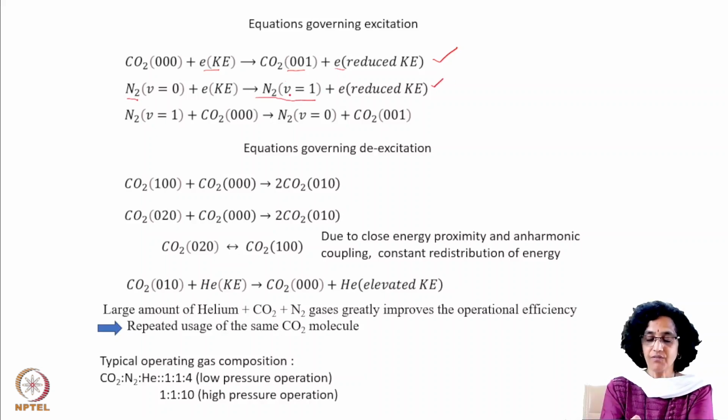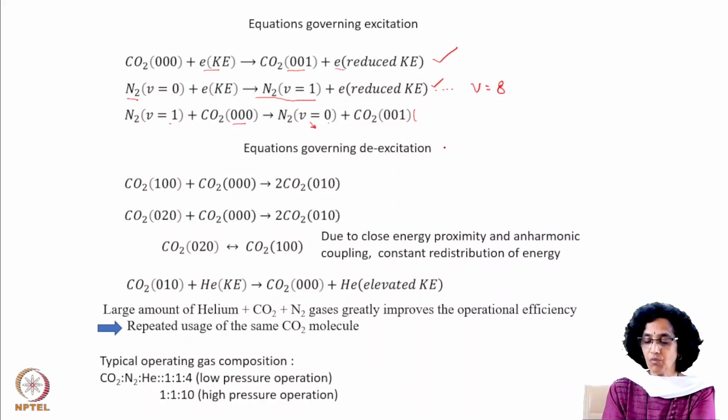Here we have said only V equal to 1, but in a discharge you can go up to V equal to 8. And this nitrogen V equal to 1, when it collides with a CO2 molecule in the ground state, it itself comes down to the lower level, while it takes the CO2 to the upper energy level. This is the upper lasing level. So these are the equations which govern the excitation to the upper level.